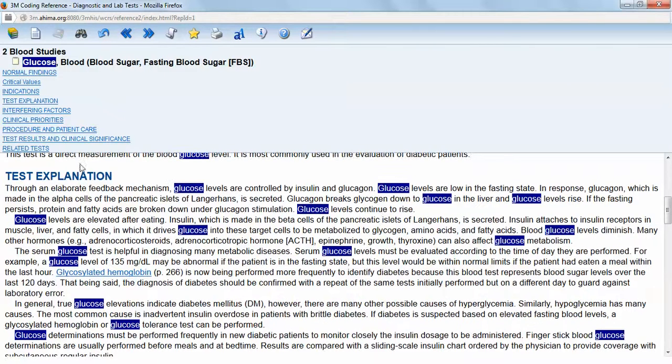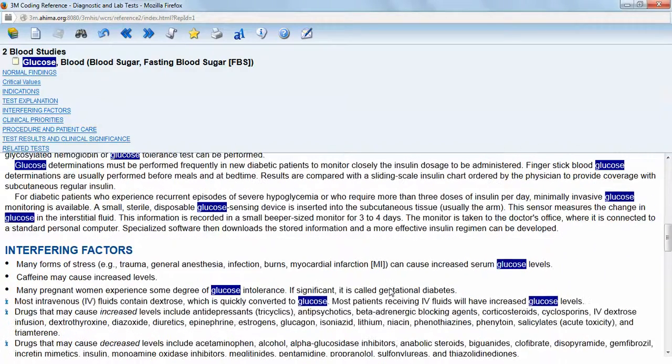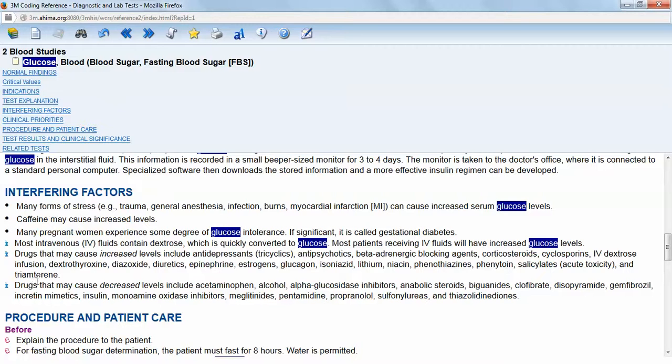This also gives us a test explanation. How does it work? What is it really measuring? Why is it working? And it'll give you just extra information about the test itself. Then there are factors that might interfere with the validity of the test. So, for instance, caffeine may cause increased levels. Therefore, many times we're going to say we want our patients to have fasting glucose tests.